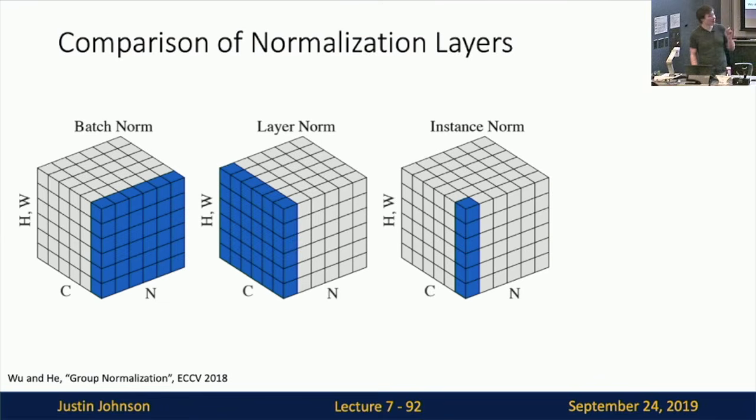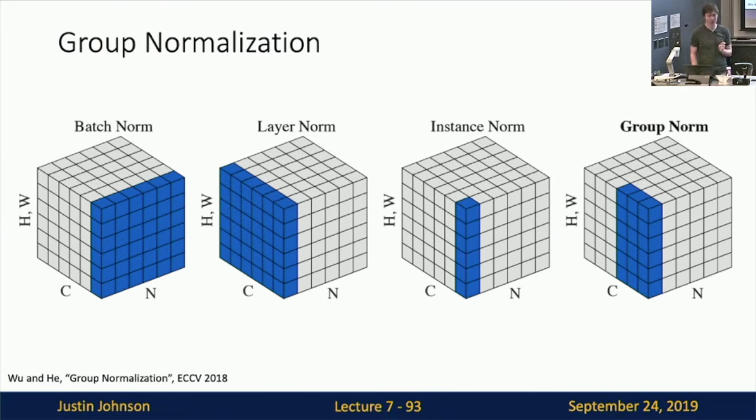And because there's an empty slot on the slide, you should expect that there's another type of normalization, proposed in a paper called group normalization a year or so ago. Here the idea is that you split the channel dimension into some number of groups, and you normalize over different subsets of the channel dimension. And that tends to work quite well in some applications like object detection.